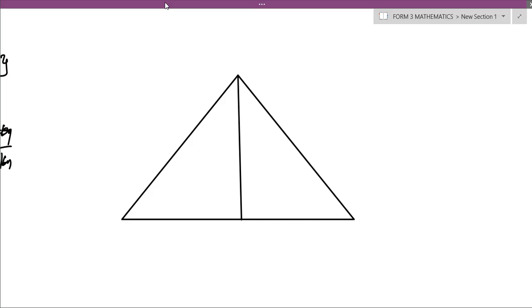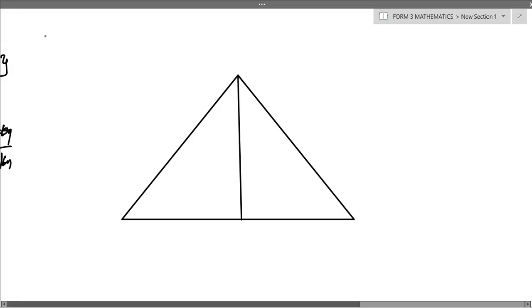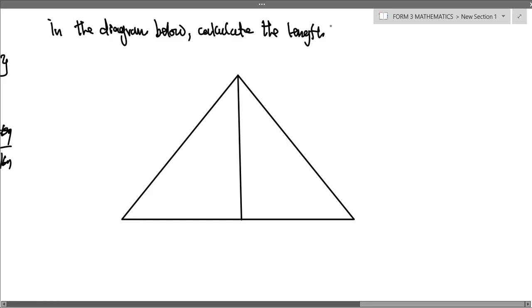Okay, so we've divided our triangle into two, and now this is the preamble of the question. In the diagram below, calculate the length QR in the triangle PQR.